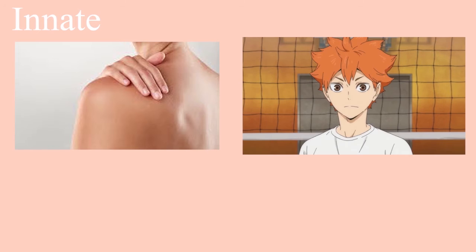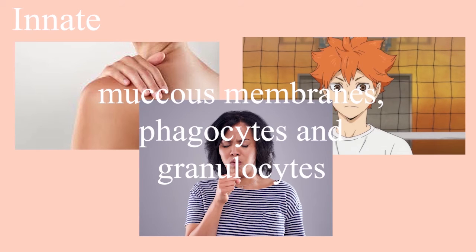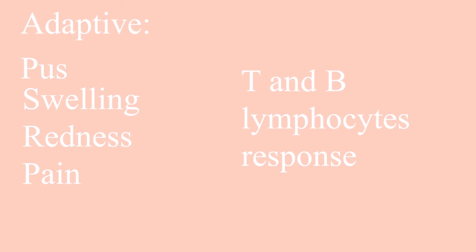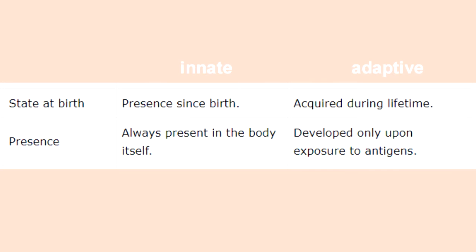Lastly, we are talking about examples here. So for innate, we have skin, hair, cough, mucous membranes, phagocytes, and granulocytes. For adaptive, we have pus, swelling, redness, pain, and T and B lymphocyte response. Innate immunity already exists since birth, meanwhile adaptive immunity is acquired during lifetime.